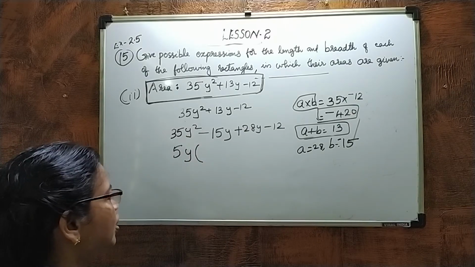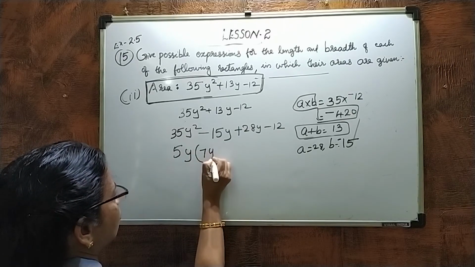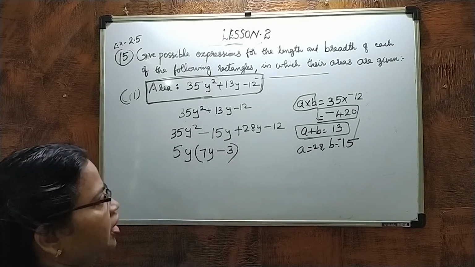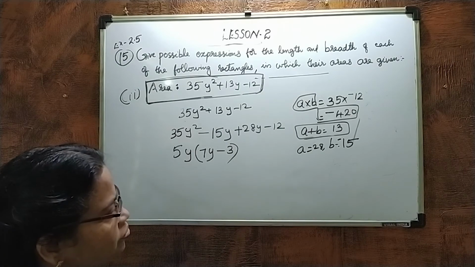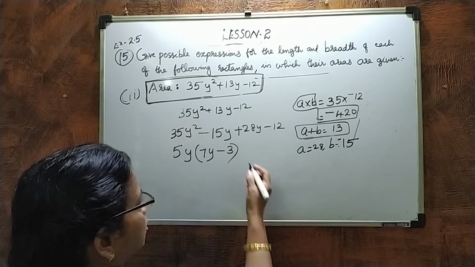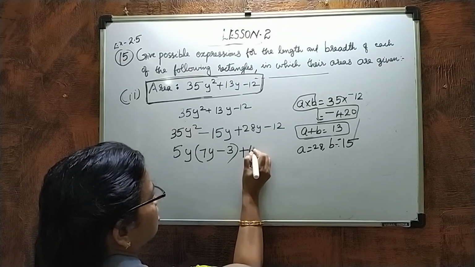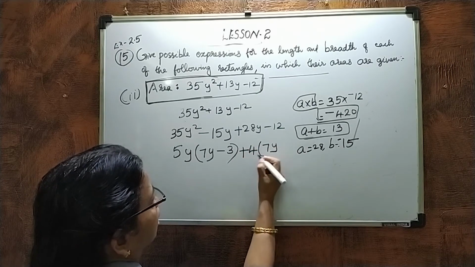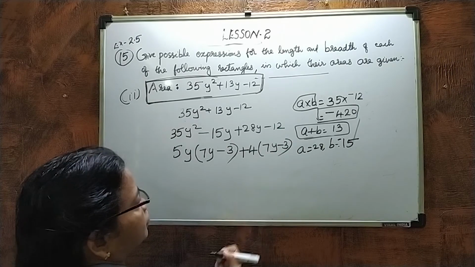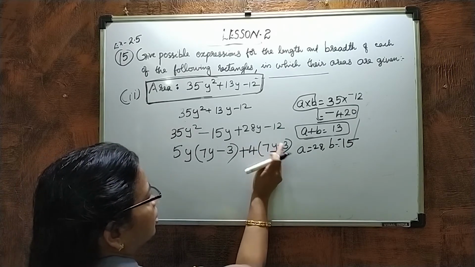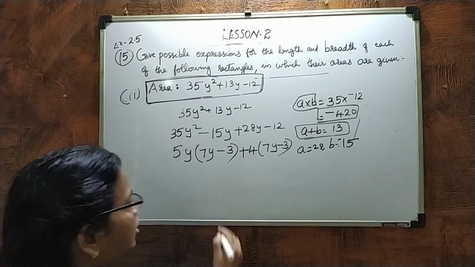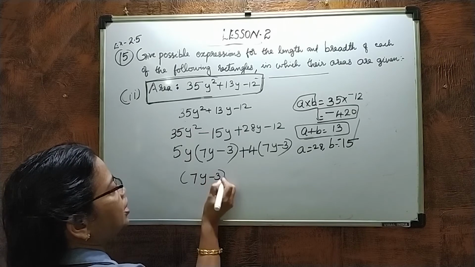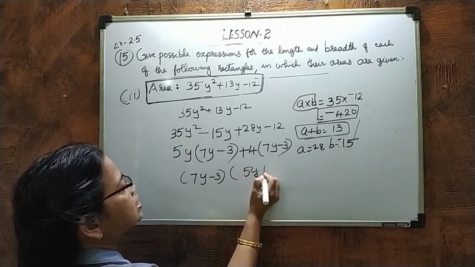So taking 5y outside, it will be 7y minus 3. Again here 28 and 12. Here 4 is common: 4 7s are 28 into y, 4 3s are 12, and in the bracket it is the same thing. So it is 7y minus 3 and 5y plus 4.